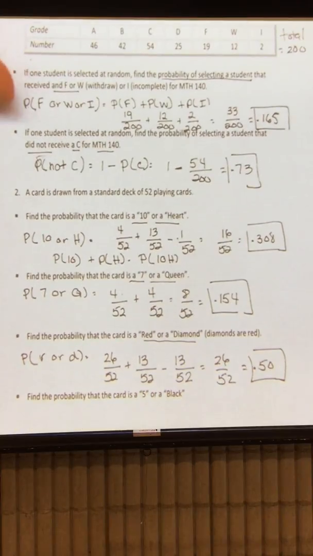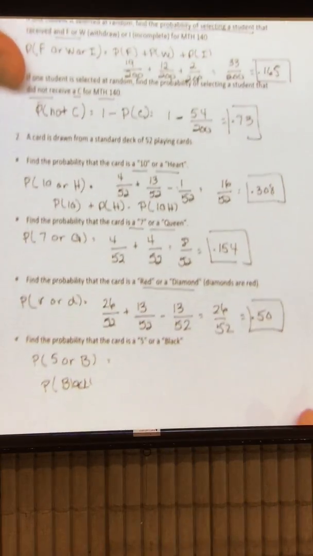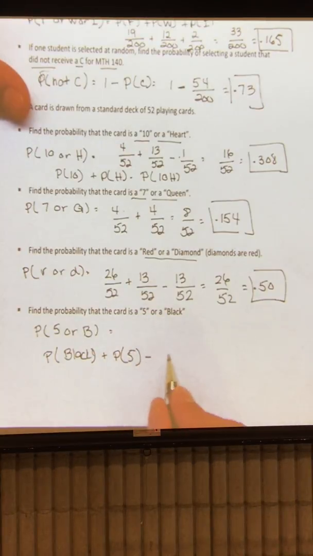And the last one, find the probability that the card is a 5 or black. So the probability of 5 or black is the probability of black plus the probability of 5 minus both.